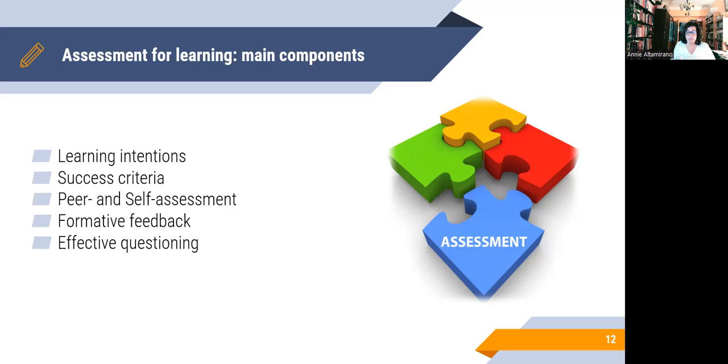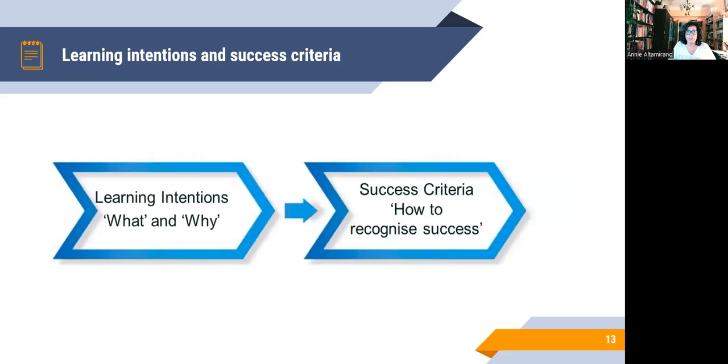And it's also about encouraging more pupil questioning. So in this session, we are going to focus on some of these elements. And we're going to begin with learning intentions and success criteria.